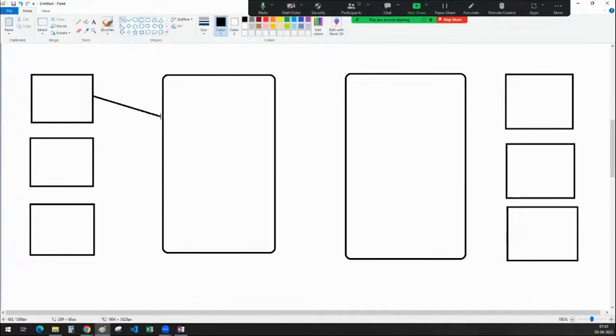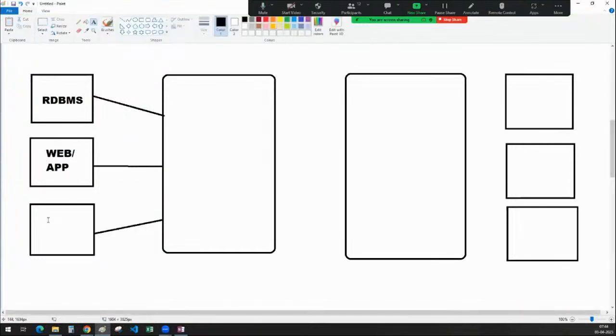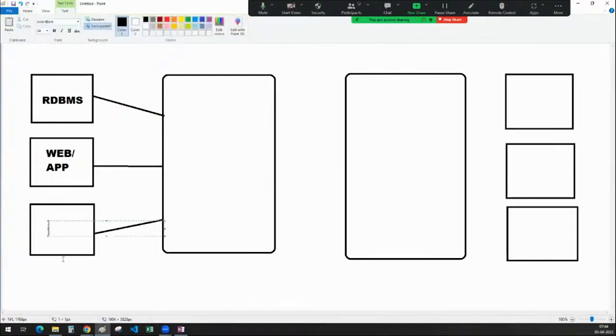If I want you to understand clearly, here data will first be ingested into the data lake. So the source can be an RDBMS, it can be a web server or an application, or it can be a CSV file from an application, or IoT data from an IoT application.